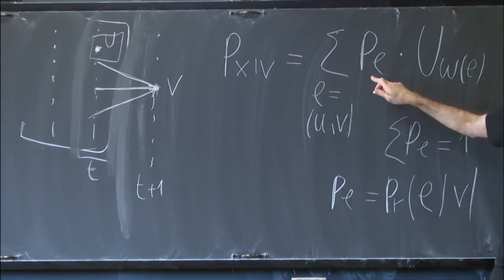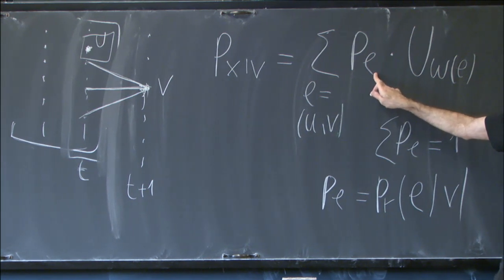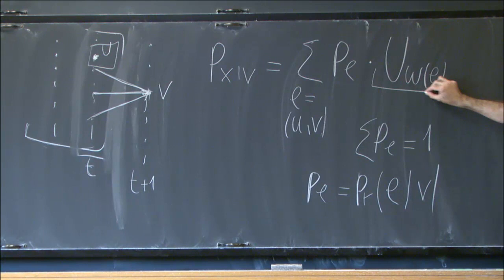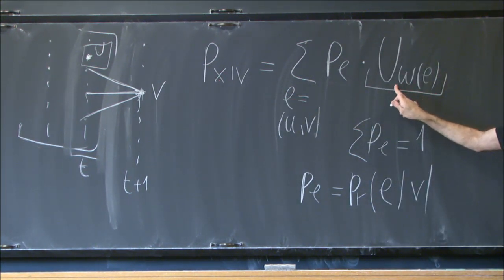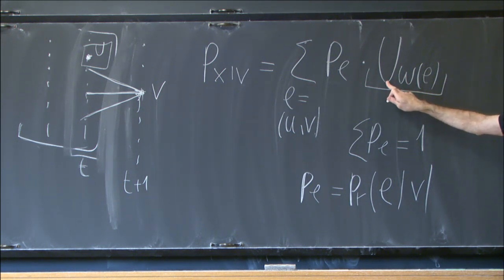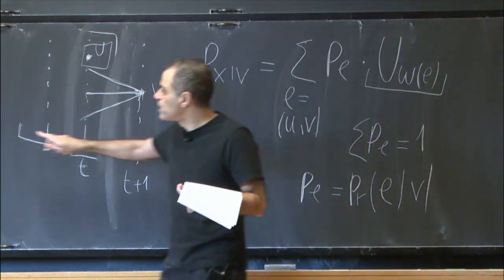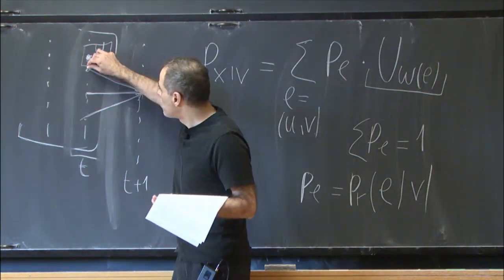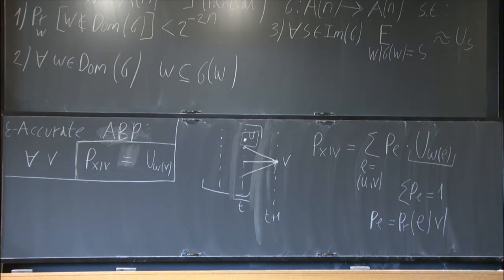For each edge, we have some coefficient, which is the probability that we crossed that edge if we arrived at V. And this is the distribution of X conditioned that we crossed that edge, the uniform distribution over W of E. And this is true because of this assumption that here we are at the uniform distribution over W of U, and then since we crossed the edge, we have the uniform distribution over W of E.